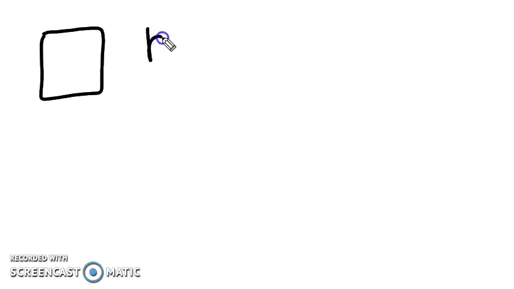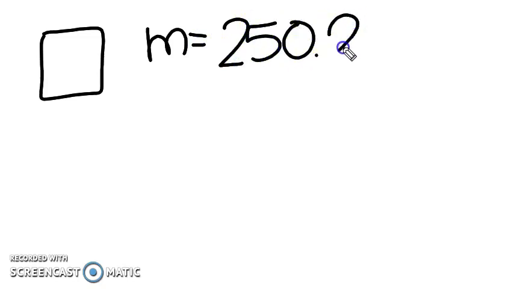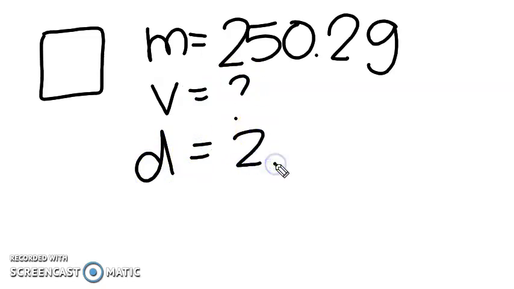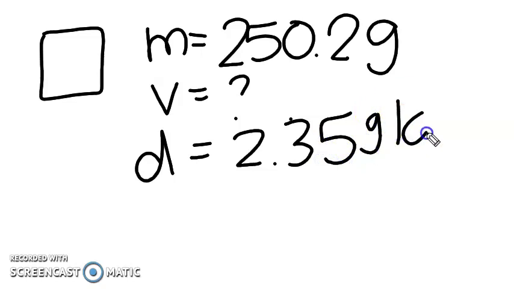Let's say we have a mass of 250.2 grams, and we have a density of 2.35 grams per centimeters cubed.